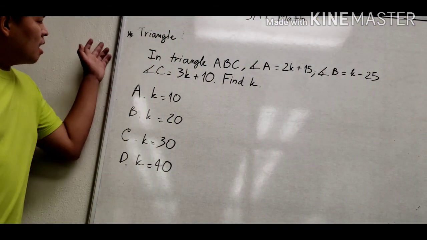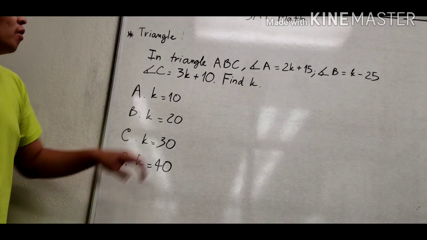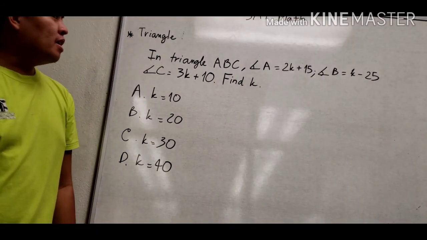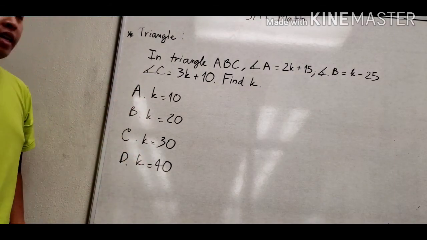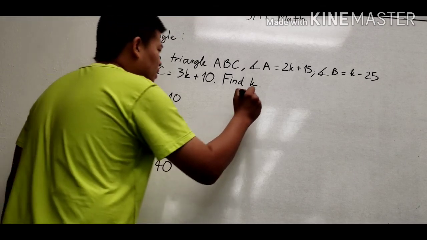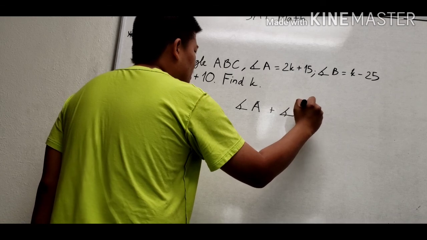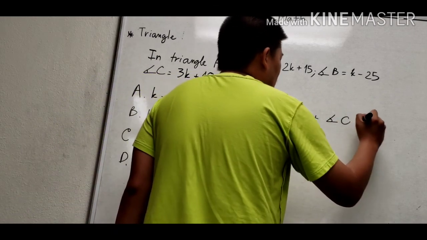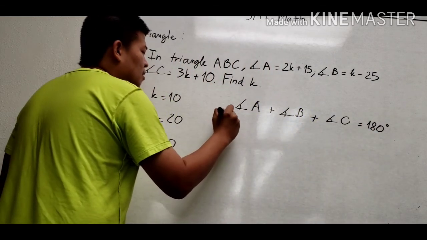In a real question like this, in triangle ABC, angle A is 2k plus 15, angle B is k minus 25, angle C is 3k plus 10. Find k. So we have angle A plus angle B plus angle C equals 180 degrees.